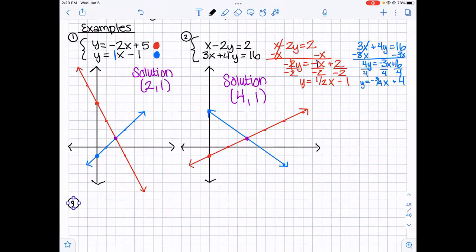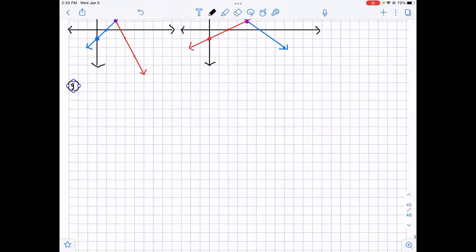So we're going to talk about some special cases now. Here's your new equation: 2y minus 3x equals 6 and 4y minus 6x equals 12.